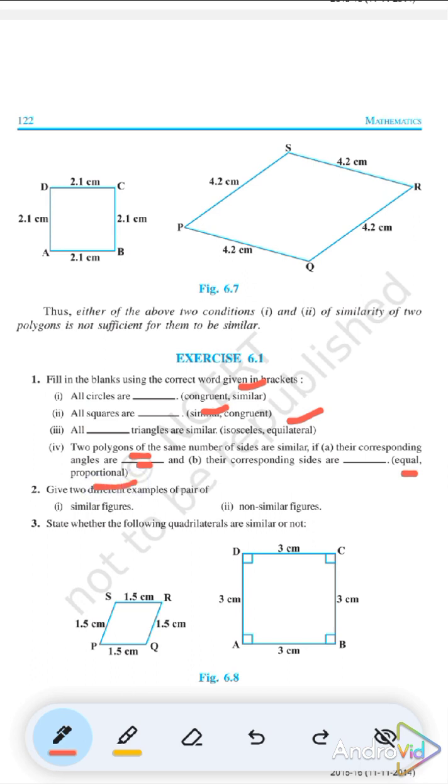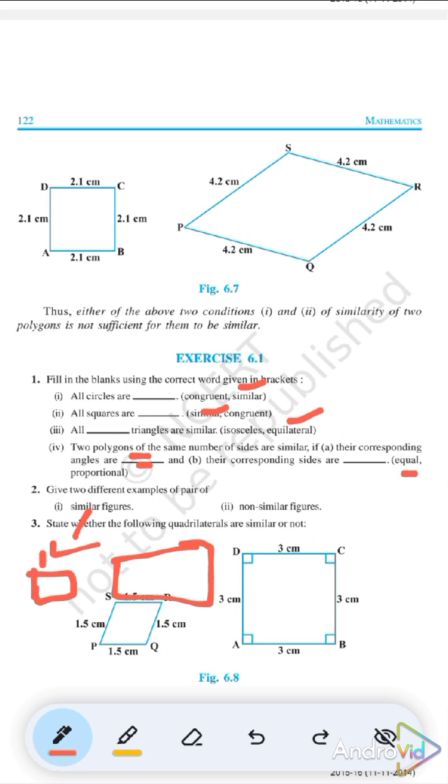Now the second question is: give two different examples of pairs of similar figures and non-similar figures. For the first, you can draw a small square or small rectangle and a larger rectangle.